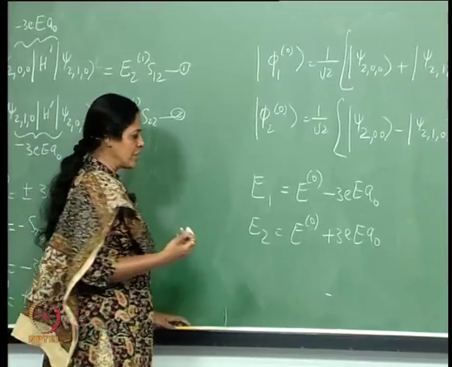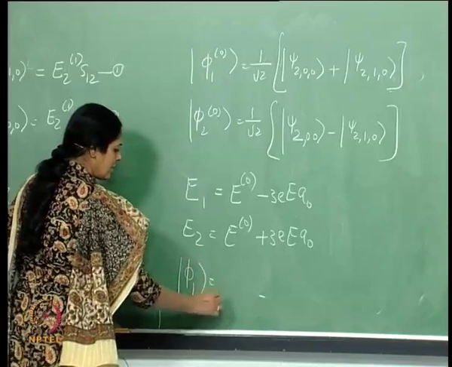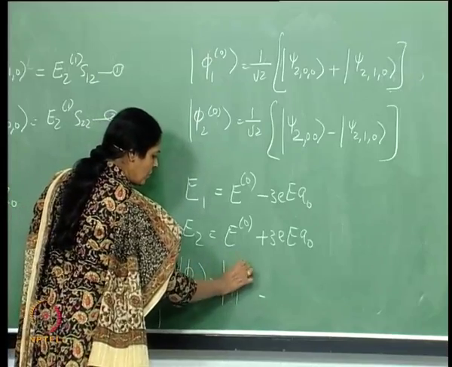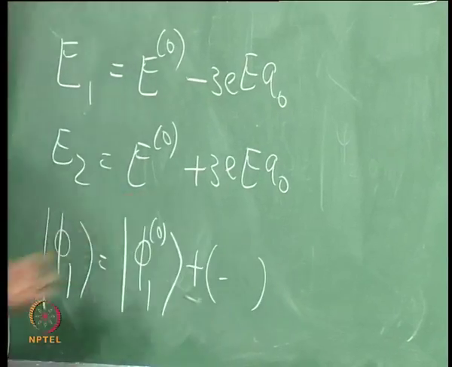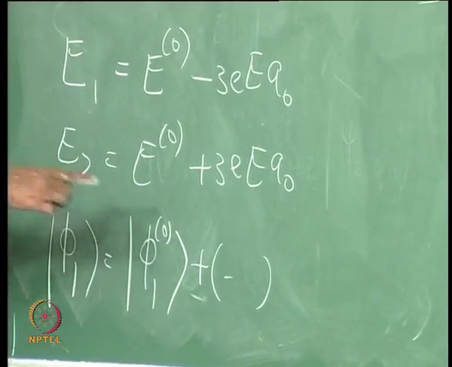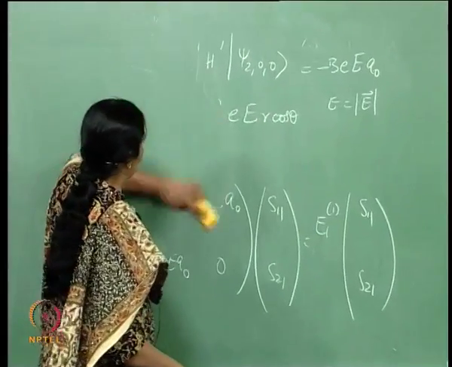And as to the wave functions, phi 1 is phi 1 0 plus contribution from first order, and phi 2 is phi 2 0 plus contribution from first order, and that is a simple matter to settle.